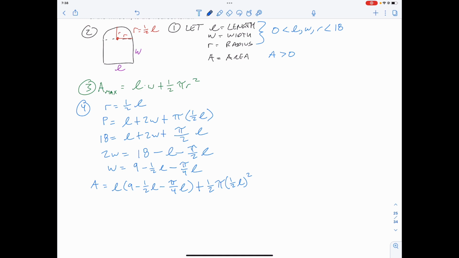When I expand it all out, my area is going to equal 9L minus 1/2 L squared minus pi over 4 L squared. And then when I take 1/2 times 1/2 squared, that's going to give me 1/8 times pi, which is pi over 8.